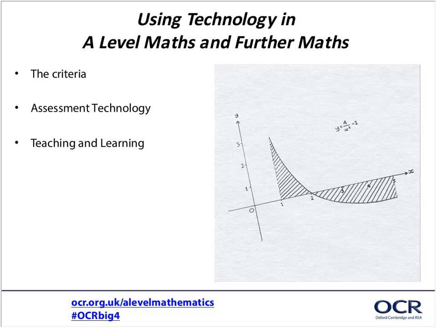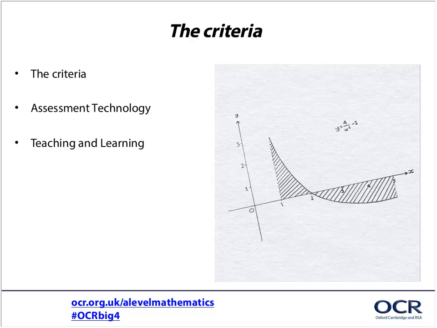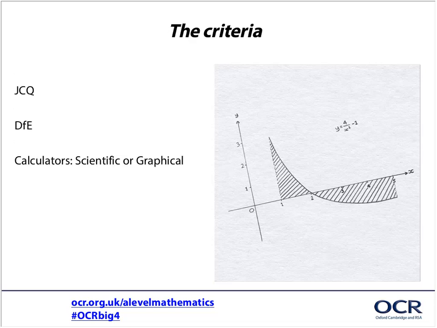I'm going to look at what changes have been done. I'll be looking at the assessments and the technology that students will be able to use, which is calculators, and then some ideas for teaching and learning. In terms of the criteria, these are set by the JCQ, the Joint Council for Qualifications, where all the exam boards come together and discuss how exam sessions should run.